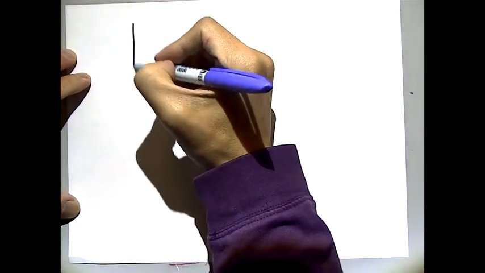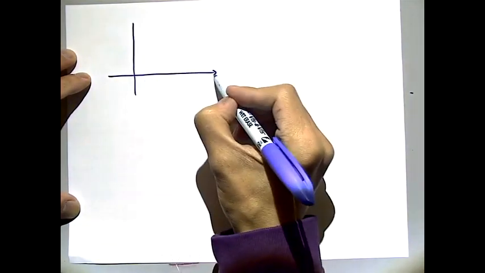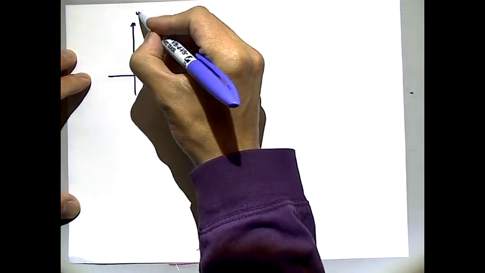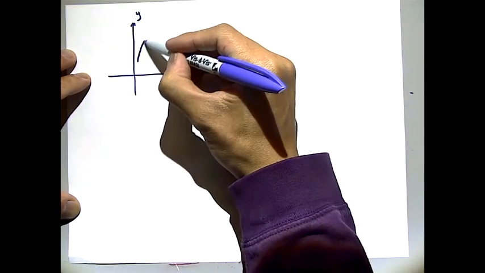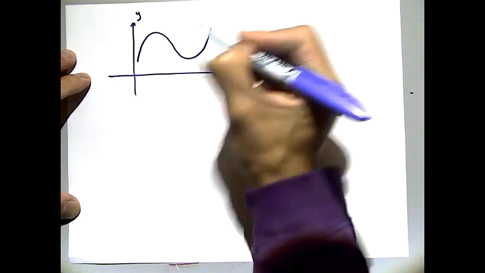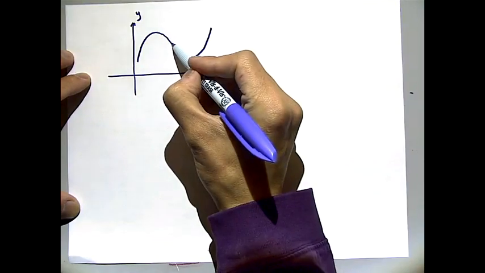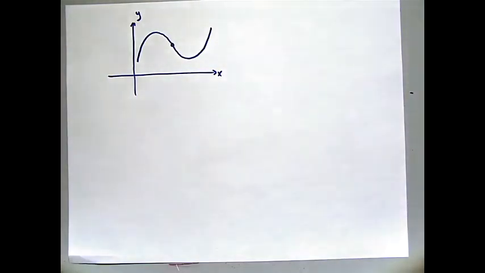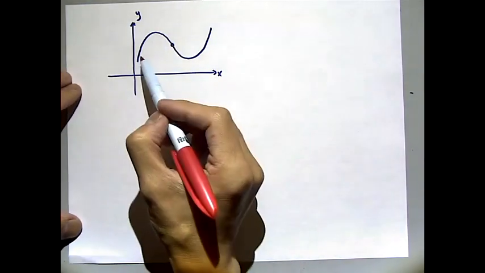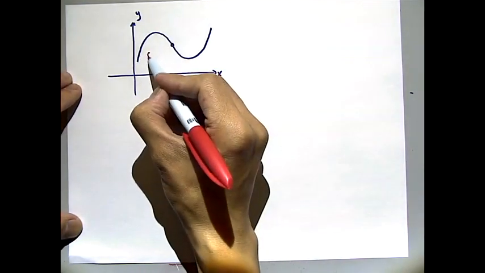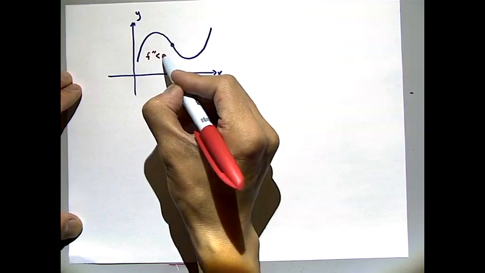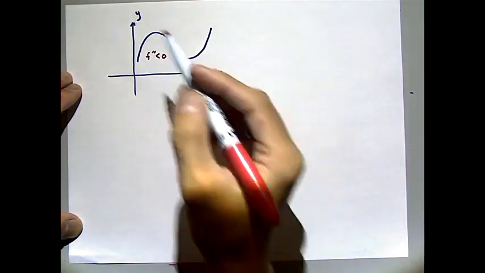Sometimes you get a graph that has this kind of situation. Notice that on this portion right here, f double prime is negative, concave downward, right?